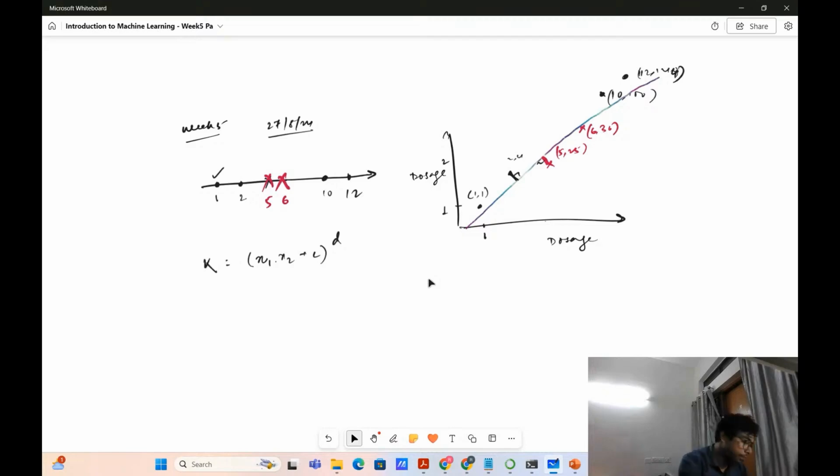Just to explain the physical meaning of this kernel, K_ij would be, let's say, x_i x_j.